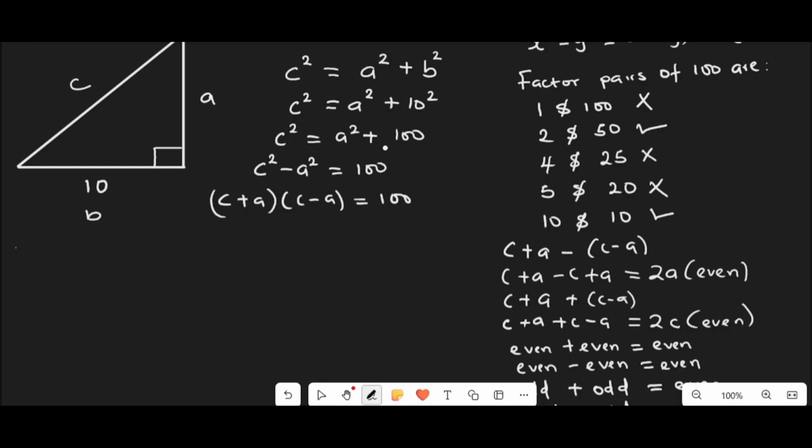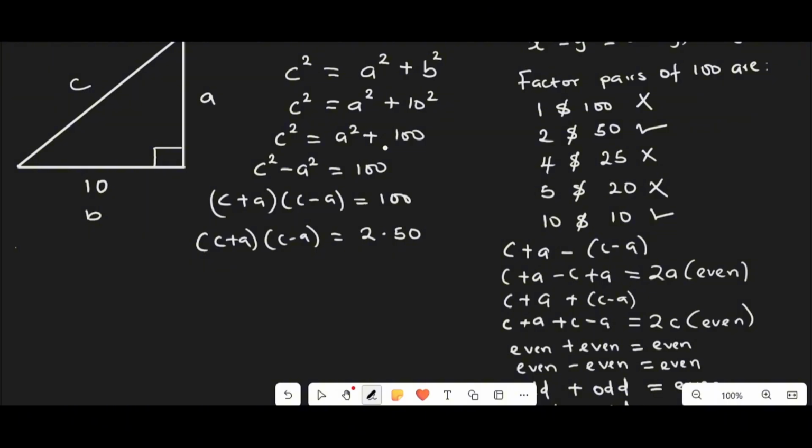So I can say C plus A, C minus A is equal to 2 multiplied by 50. I want you to note that the sum of two positive integers will be greater than their difference.